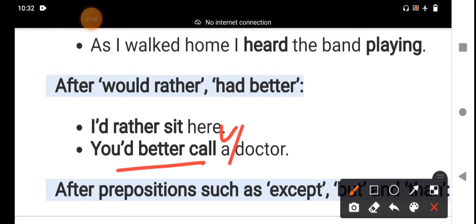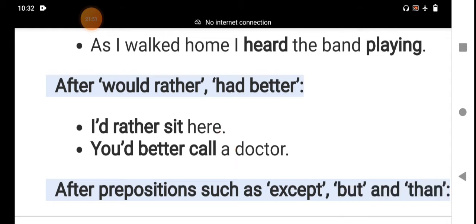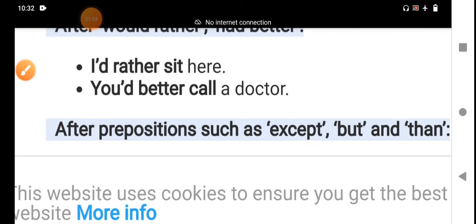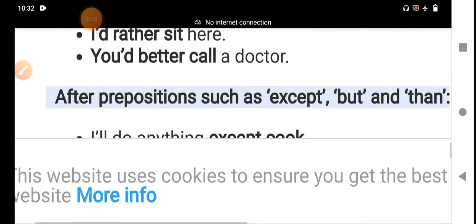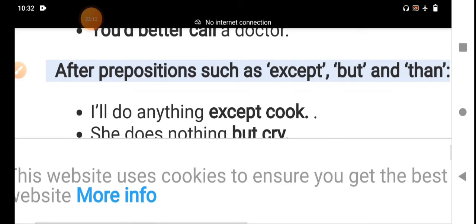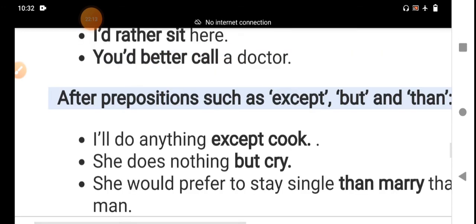And the next rule is, after prepositions such as except, but, than. Already we know except is generally used as a verb, but is a conjunction, and than is a conjunction. But here, these three words are used as prepositions.